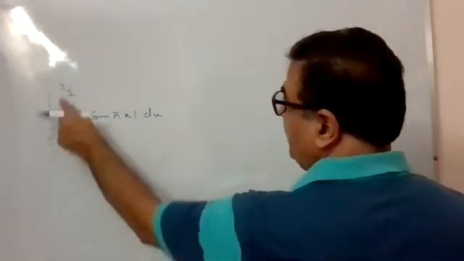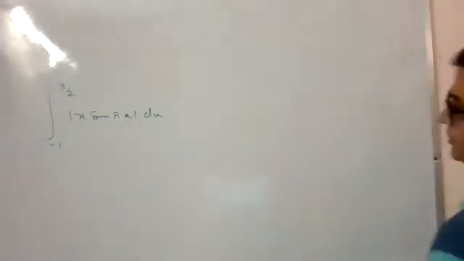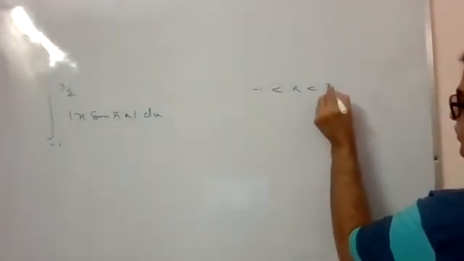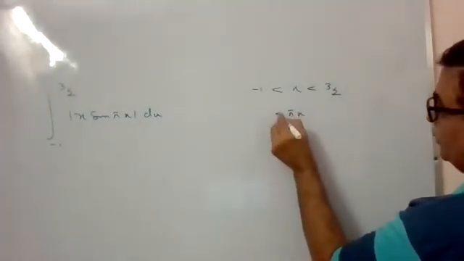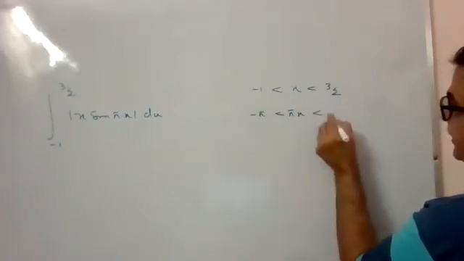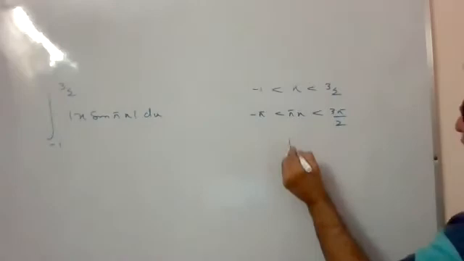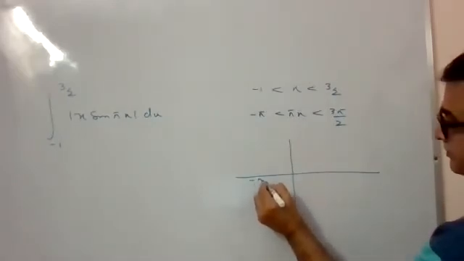Just check here. x is going from -1 to 3 by 2. Where will pi x go? Because x is given as -1 to 3 by 2, pi x will go between -pi to 3 pi by 2.